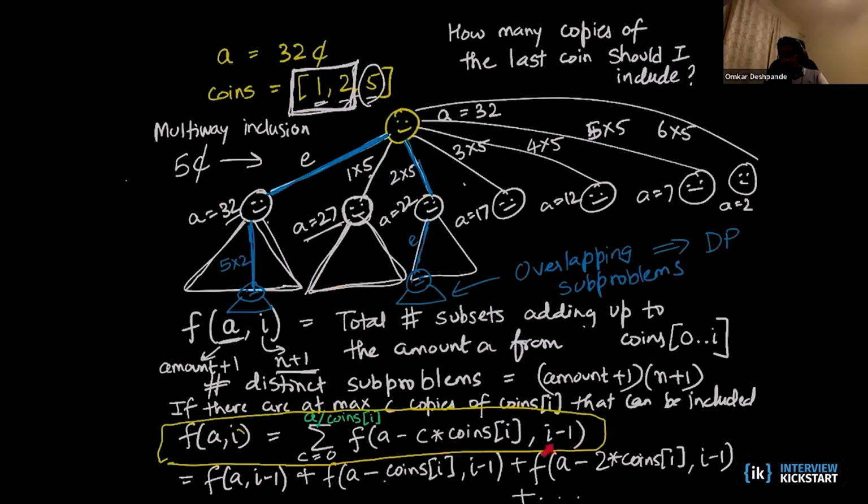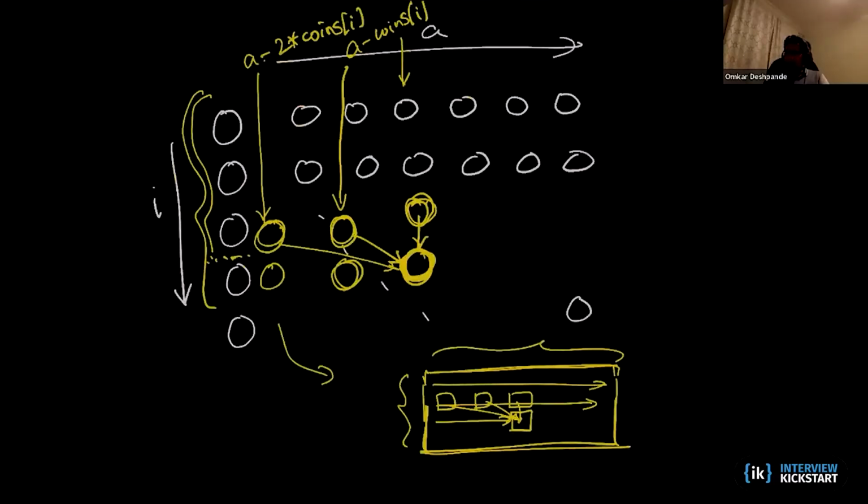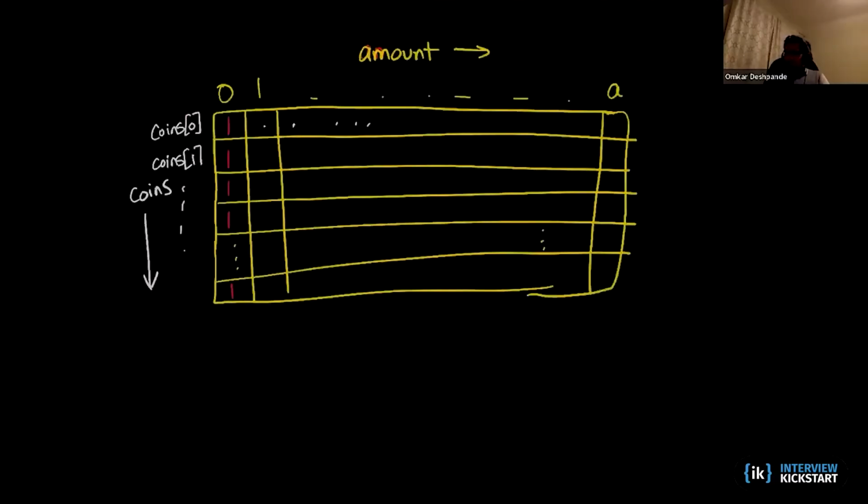And when we compute from the recurrence, we see that this I minus 1 is an index that goes back in the coins array. That means we are going to go back to a prefix of the coins array, which is essentially of length 0. But that doesn't exist because we are assuming the top row is coin 0. So that's a little complicated.